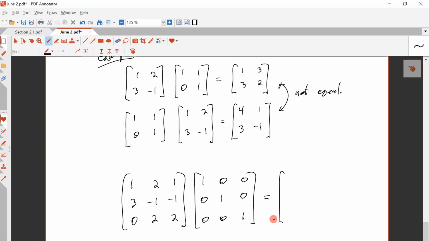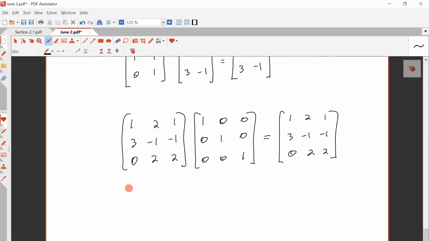If you take the product, and I'll leave it up to you to do it, what you get is the same matrix back. And if you did it the other way, you get the same result.